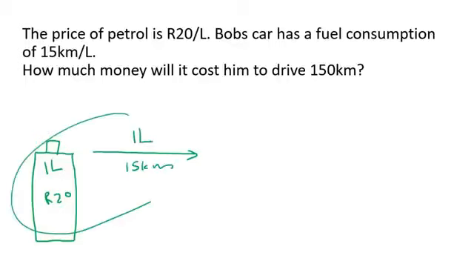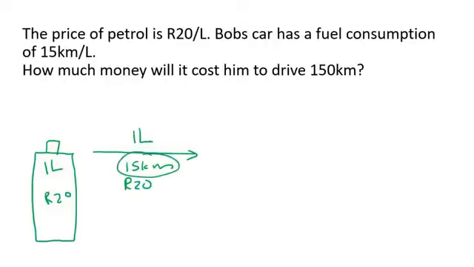To drive 15 kilometers, he will use 1 liter of petrol, and 1 liter of petrol is 20 Rand. So that means for every 15 kilometers that he drives, it's going to cost him 20 Rand. Can you see that?